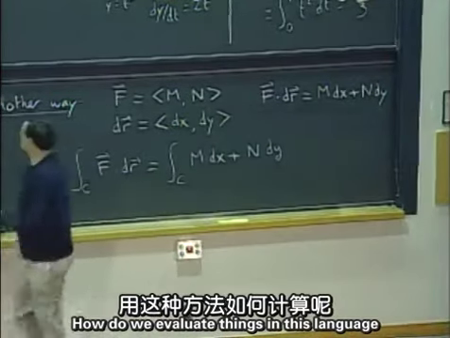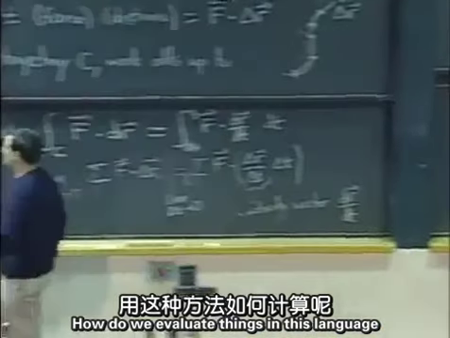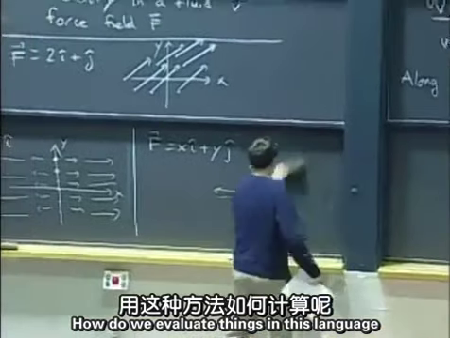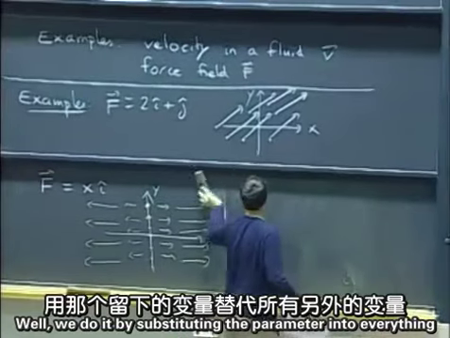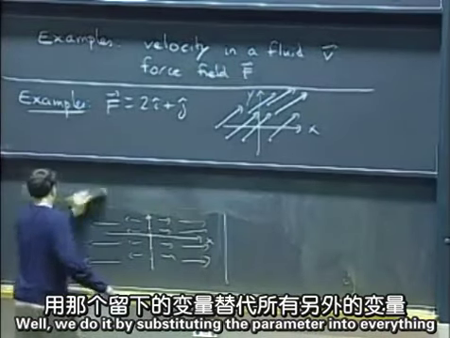So how do we evaluate things in this language? We do it by substituting a parameter into everything.